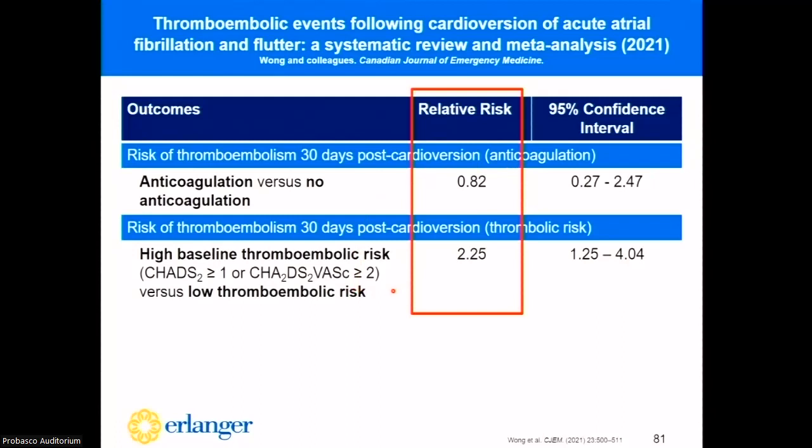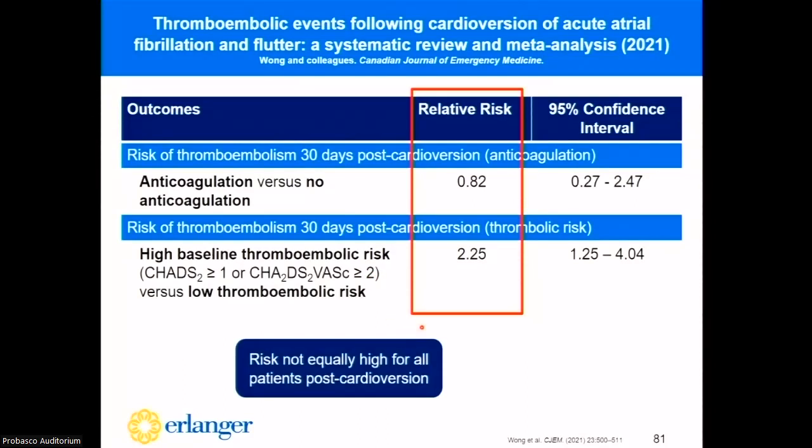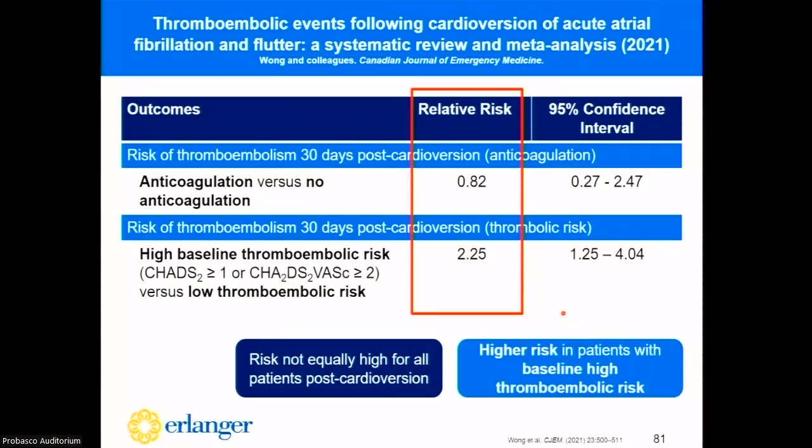They did see an increased risk of thromboembolism in patients that already had baseline high embolic risk, though. So this highlights that potentially this risk is not equally high for all patients post-cardioversion. You're going to be a lot more concerned in patients that already have this high baseline risk.